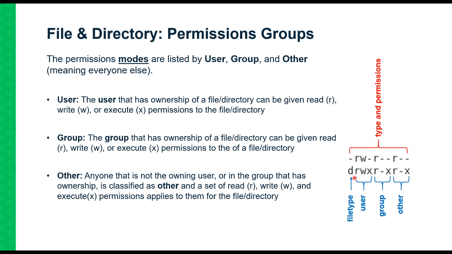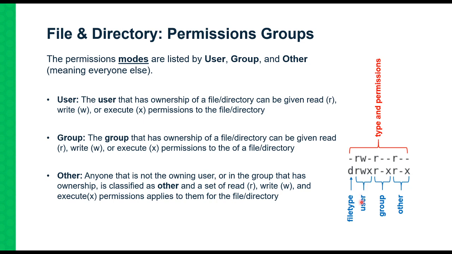We know that the very first character indicates what type of file it is. D is for our directory and the minus is just a file. The permissions are set in 9 characters, as you can see, but they are set in groups of 3 each.